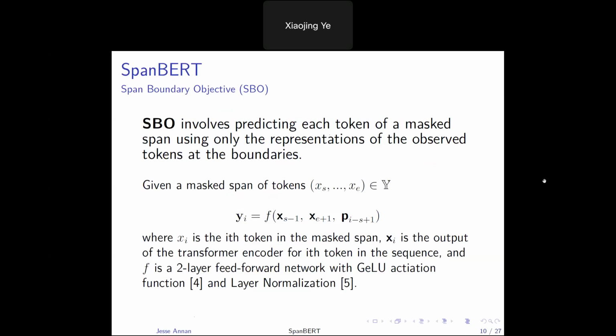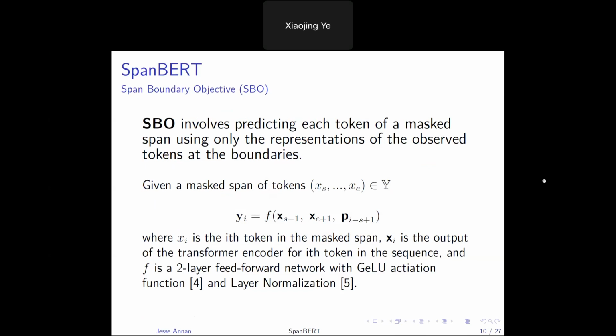key, right? Then if you want to predict what this mask is, if you want to predict that this mask is actually "loves", what it does is take the transformer encoding from Jesse, the encoding from key, and also the position encoding from the word loves, but it's actually masked.